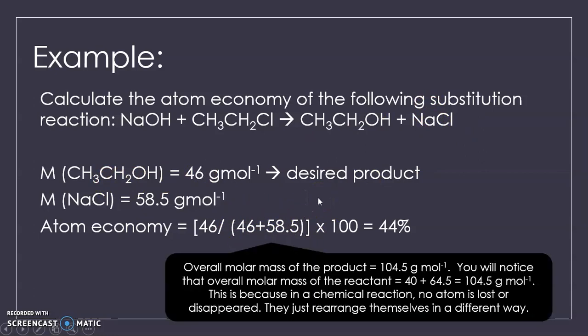Again, overall molar mass of the products should equal overall molar mass of the reactants, simply because in a chemical reaction, no atom is lost or disappeared. They just rearrange themselves. So everything beforehand should equal everything afterwards. We can safely use the molar mass of all products.